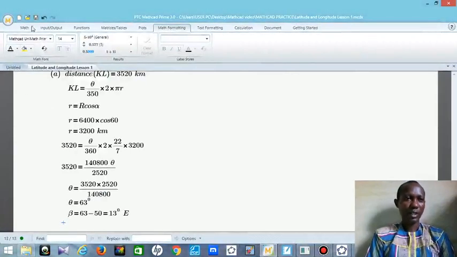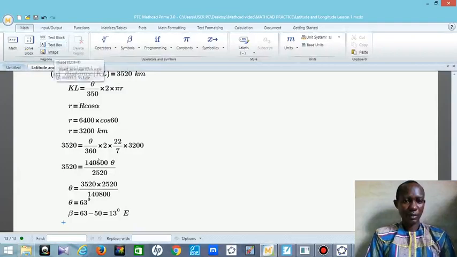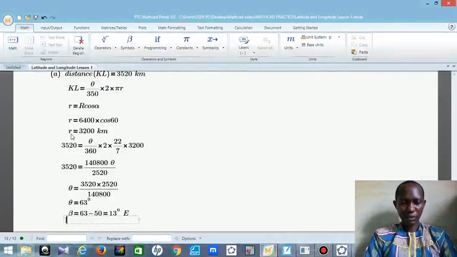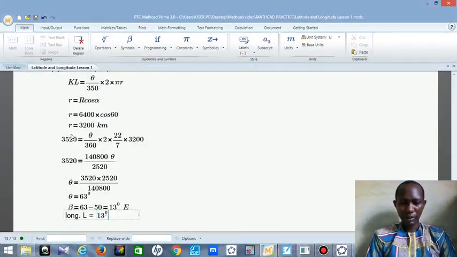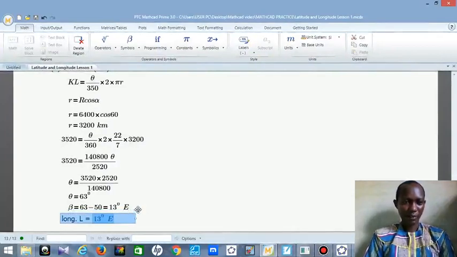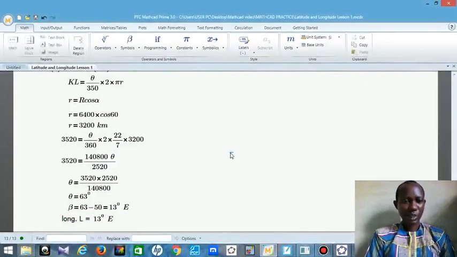You can put it in words if you want to: longitude of L will now be equals to 13 degrees east. So that is the end of the first solution. Okay, let's go to the next one now.